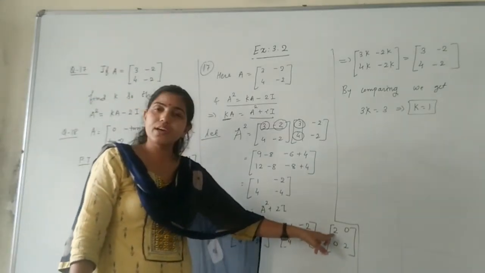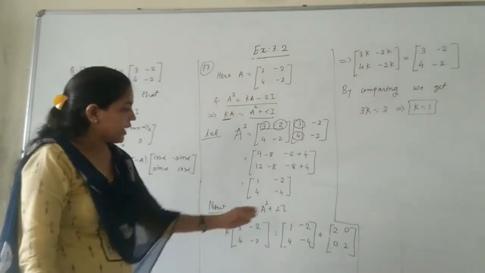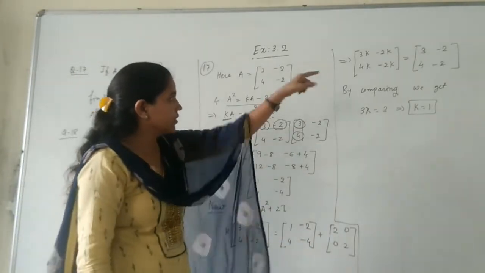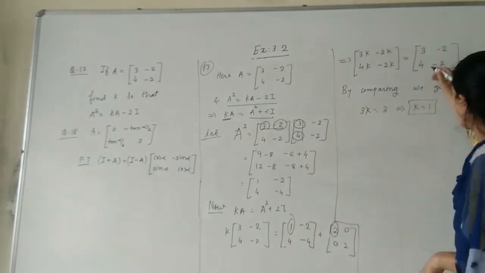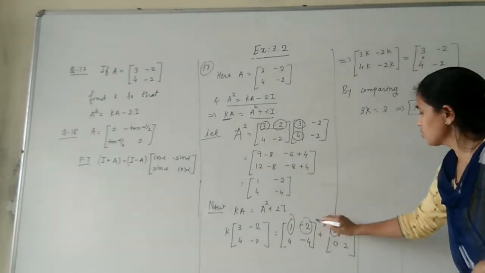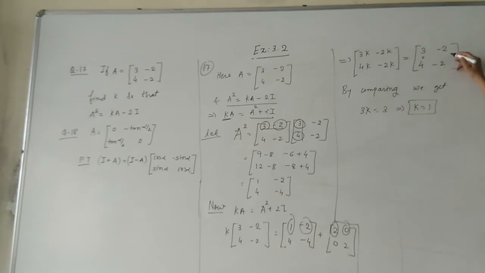Sorry, so here it is getting. Now add this 2. So you will get here 1 plus 2, so we get 3. Then minus 2 plus 0, so you get minus 2. Then 4 plus 0, so 4, and minus 2 plus 2, that means 0.